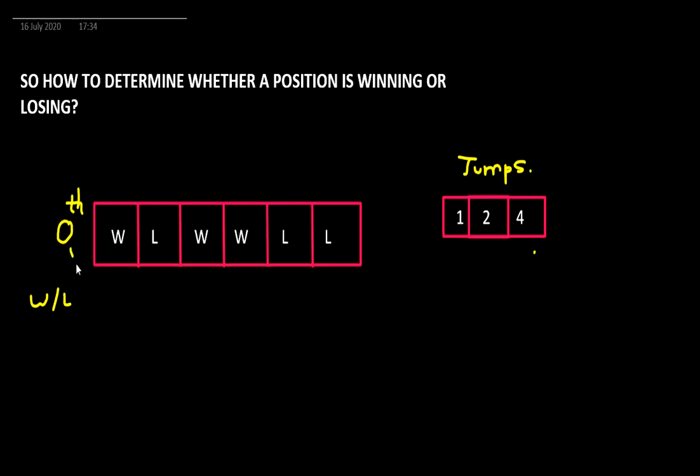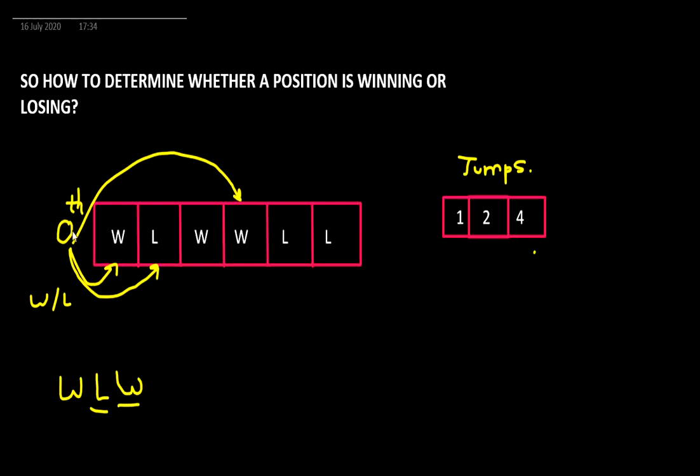If I take 1 jump, I'll reach here, so I have a W. Let's say I take 2 jumps. If I take 2 jumps, I'll reach here, so this is a losing position. And if I took 4 jumps, I would have reached here, right? So we have the possibility of reaching either a losing position or a winning position from the 0th index.